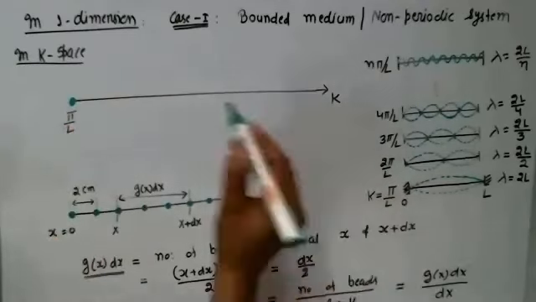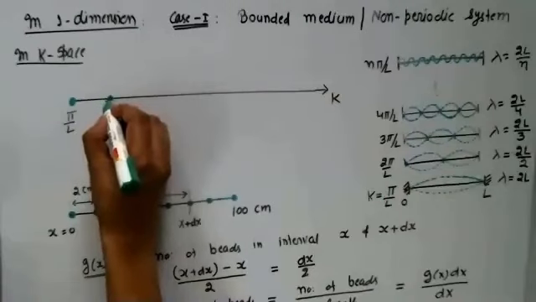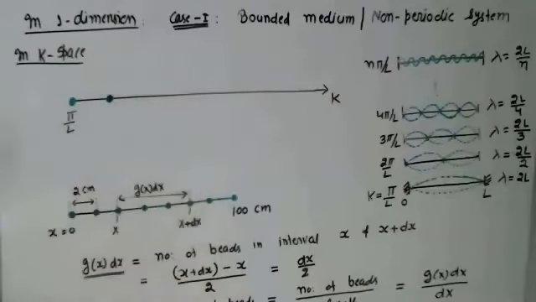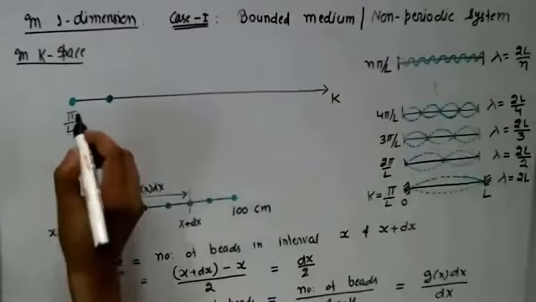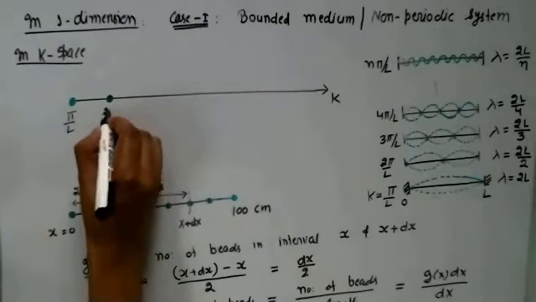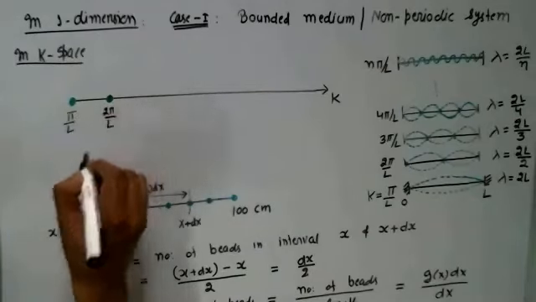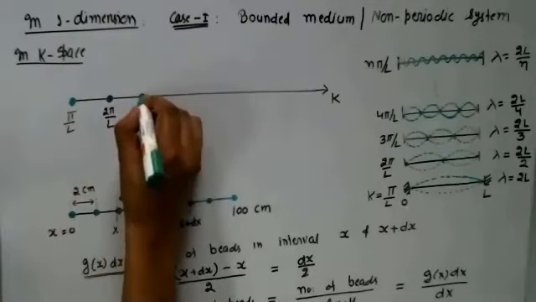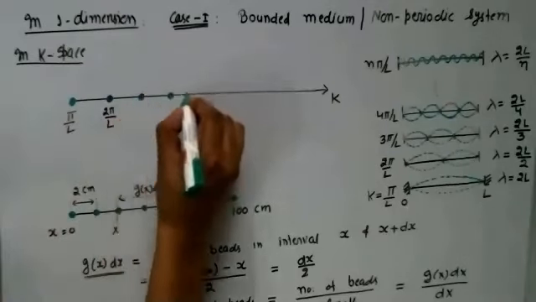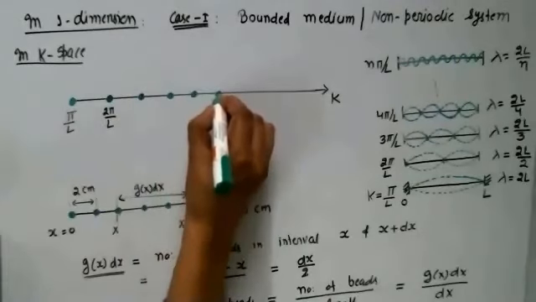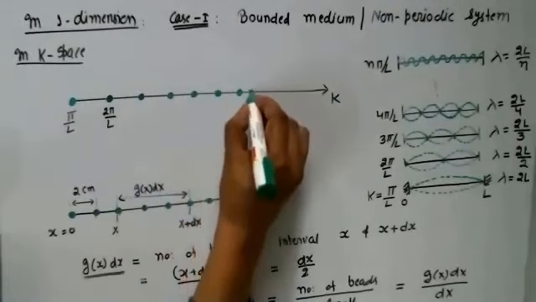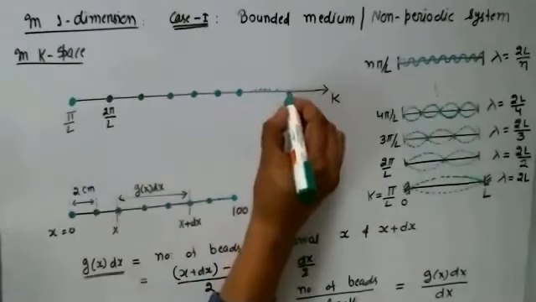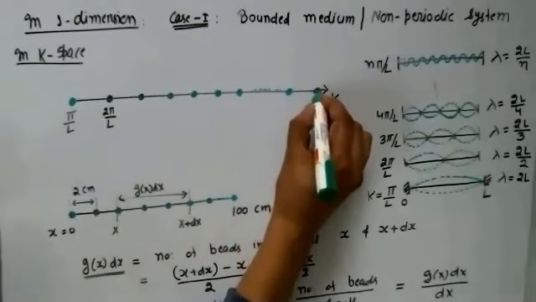Similarly, the next state I can show by another dot here, and this represents the next value of k, 2 pi by L. Similarly the third, fourth, and so on. This way you have many such k states.